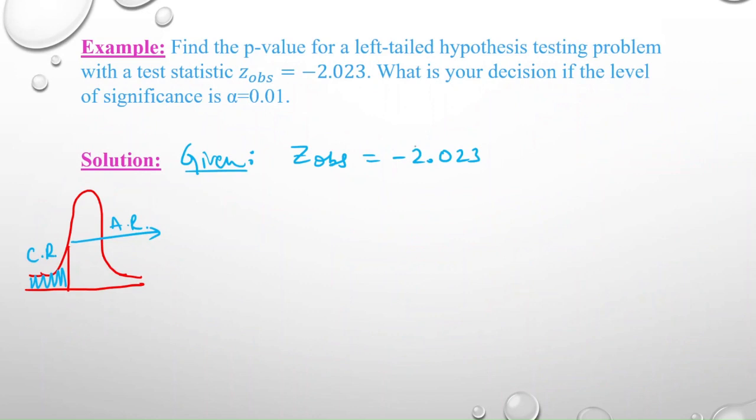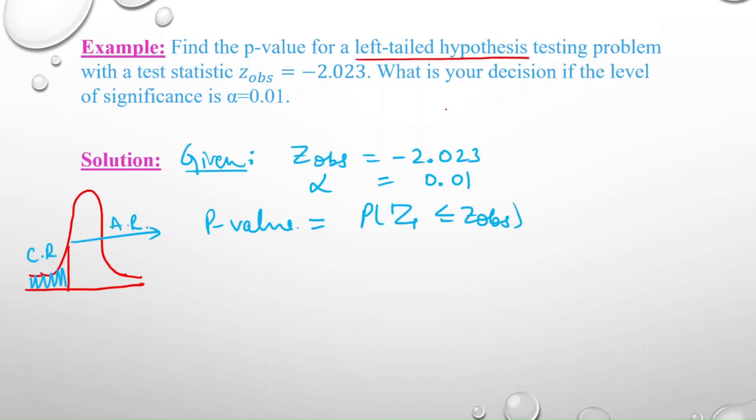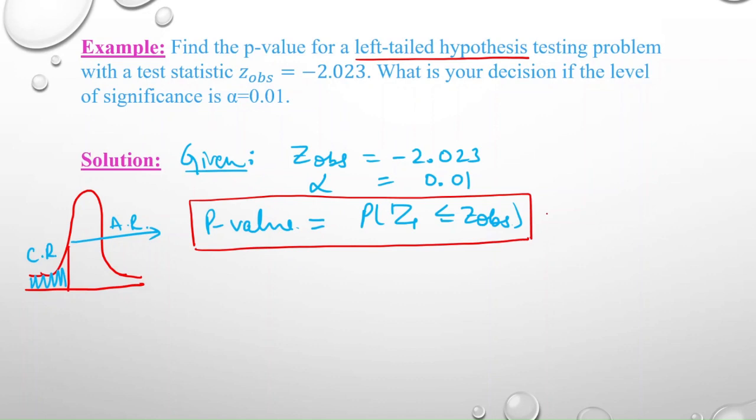In this case, alpha is given as 0.01. So let me quickly calculate the p-value. The p-value is P of Z less than or equal to Z observed, because we are calculating the left-tailed. For the left-tailed hypothesis, we have this formula that the p-value is equal to P of Z less than or equal to Z observed.